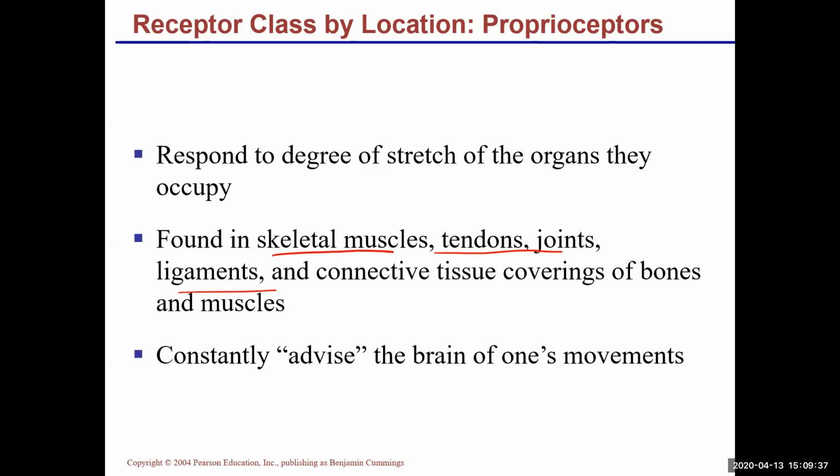So those are called proprioceptors. They respond to the degree of stretch. If your ligaments keep getting tighter and keep getting pulled, you have a tendency to do the opposite action because you don't want to hyperextend your hand, for example.